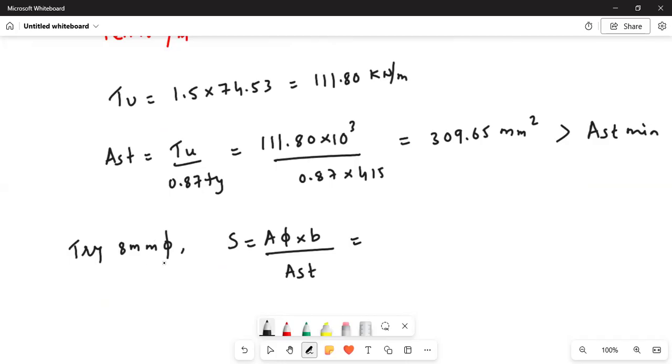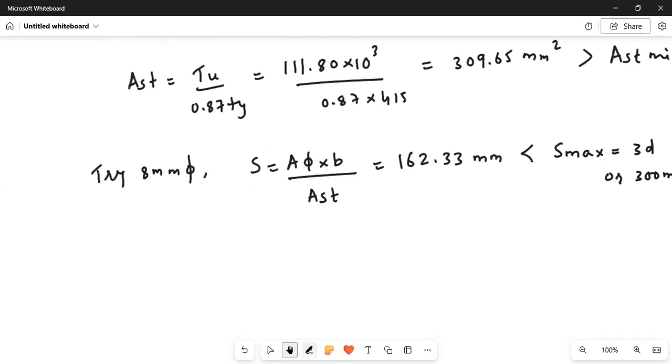So the area of one bar, 8 mm bar we are considering here, into width, that is 1000 mm, divided by AST. Whatever AST you have gotten. You get 162.33 mm. Okay. So this spacing should be less than the maximum spacing. Maximum spacing is equal to 3D or 300 mm. So whatever spacing we have gotten is less than the maximum spacing.